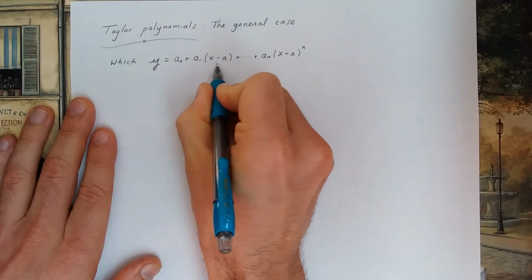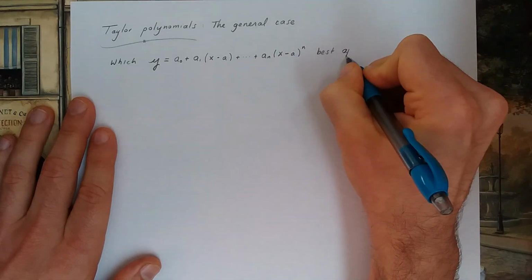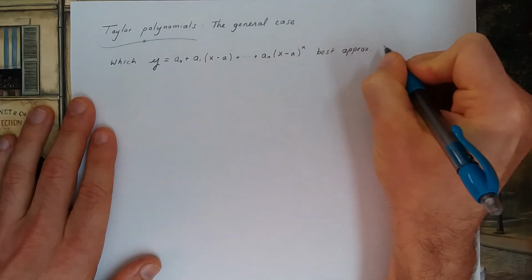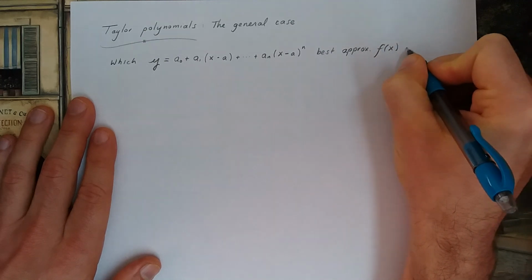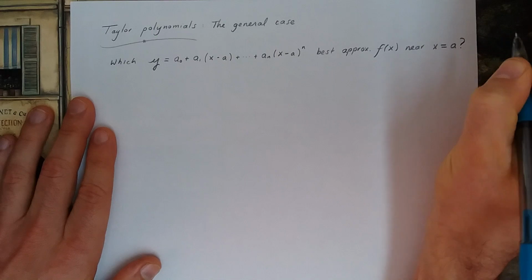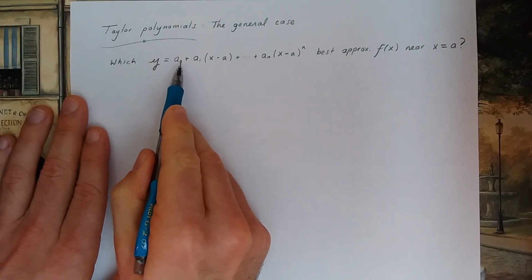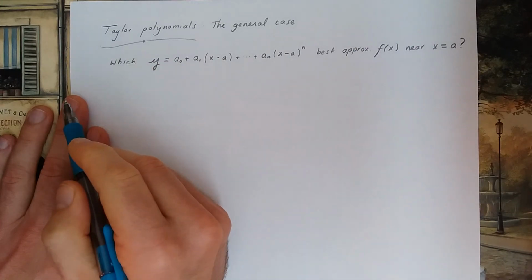So which polynomial of this form best approximates the function f of x near x equals a? This video will show you a formula for the coefficients.